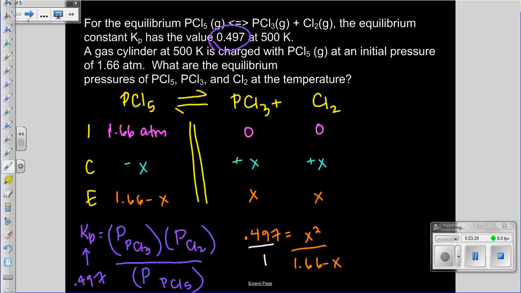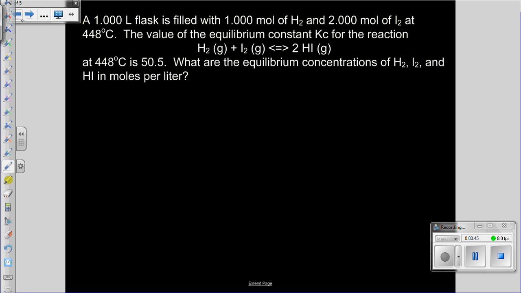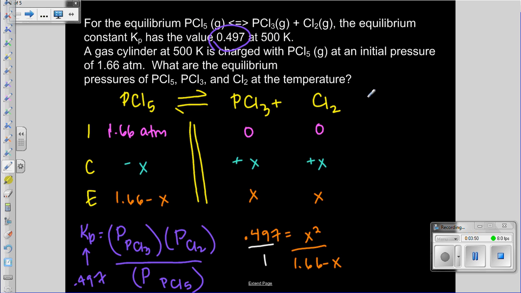So 1.66 times 0.497. Okay, so what I will have is 0.825 minus 0.497x.